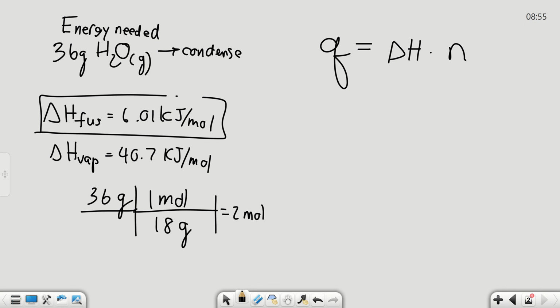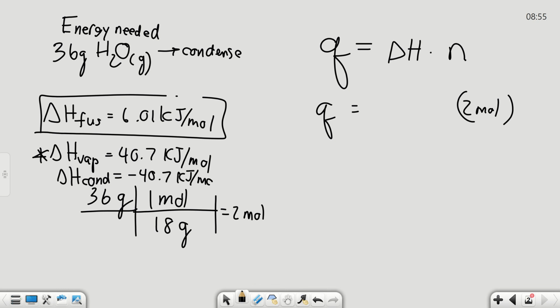Well, it would be the same formula, Q equals delta H times n. It would still be 2 moles, but what I need to watch out for here is that while I'm going to use the delta H vaporization, I need to use the negative version of that. Condensation is the opposite of vaporization, so this would be negative 40.7 kilojoules per mole.